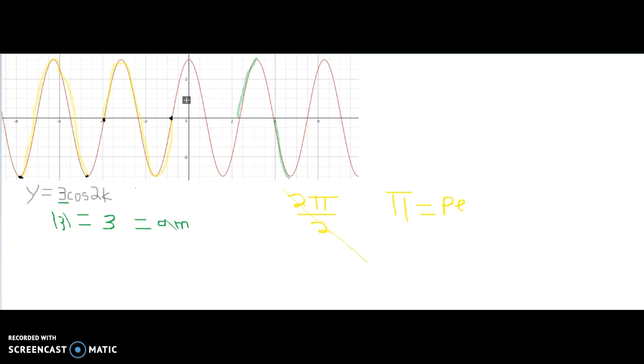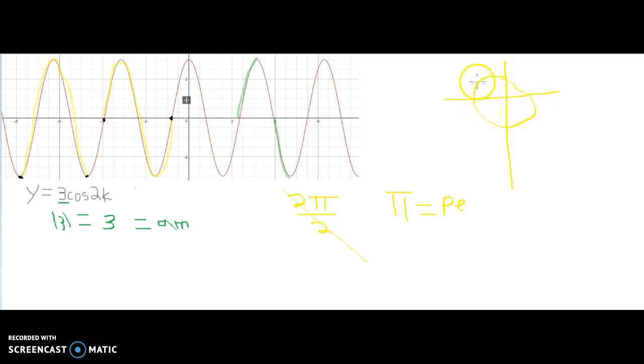Why do we have to do 2 pi over the absolute value of the coefficient? Well, if you look at the unit circle, let me draw the unit circle. Think about the unit circle, right? That is a very bad graph, but say this is your unit circle.